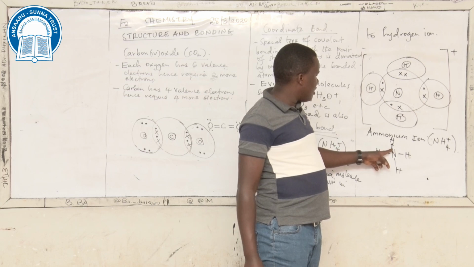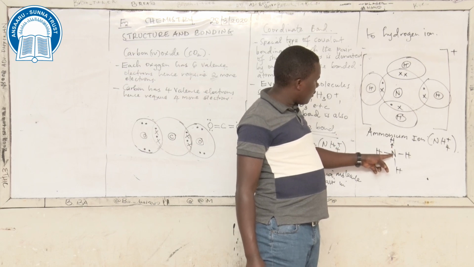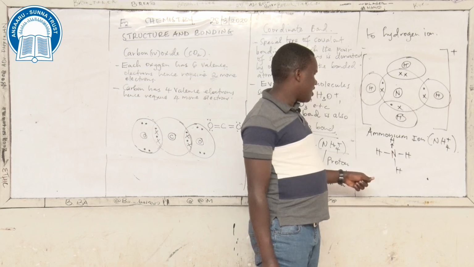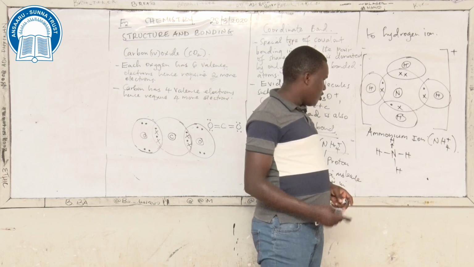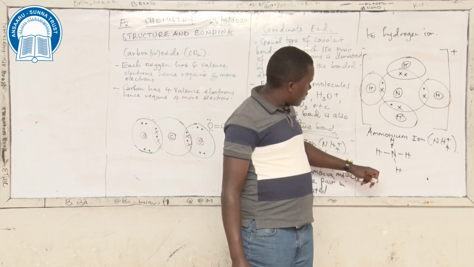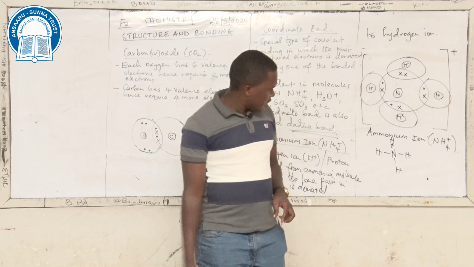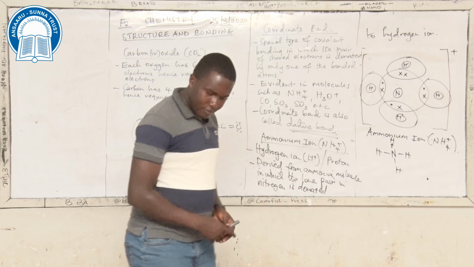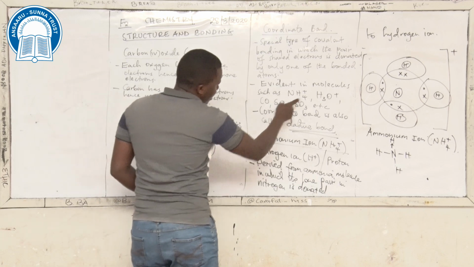This arrow shows that the pair of electrons are coming from nitrogen. All of them are coming from nitrogen, and therefore this one is a hydrogen proton. So in terms of line diagram, you can have that as the ammonium ion molecule.